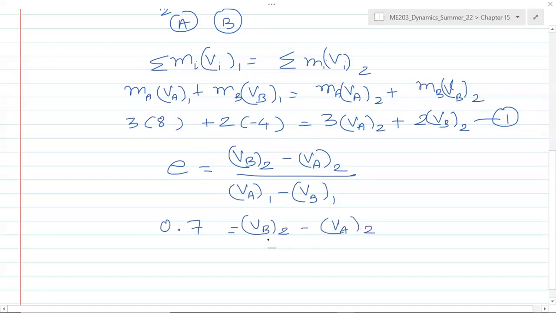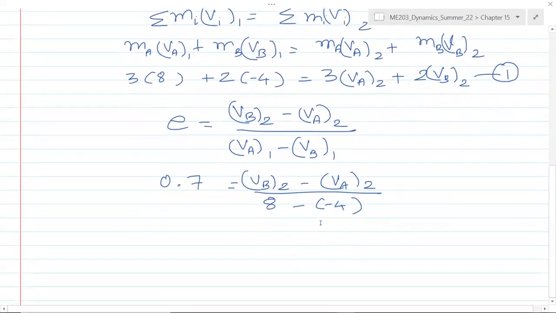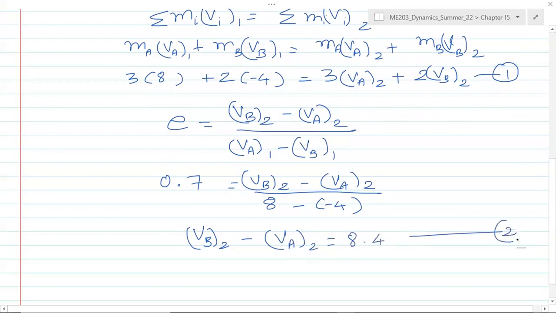VA2 is also positive, but VA1 is 8 and VB1 is minus 4. Now this negative sign here is actually part of the equation, and this negative here is because ball B is moving towards left. So when we rearrange this equation, we get VB2 minus VA2 equals 8.4. And that's the second equation. So we have two equations and two unknowns, and we can now solve this problem.